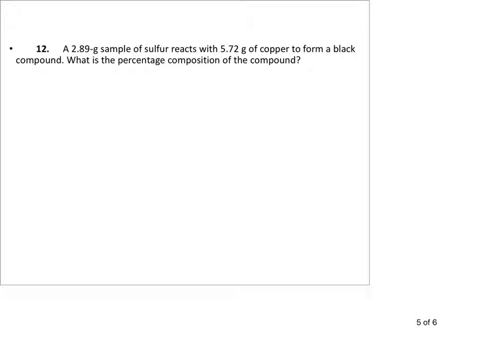Number 12, they tell us how much sulfur we have, and they tell us how much copper we have. To get the total amount, we've got to add those together.